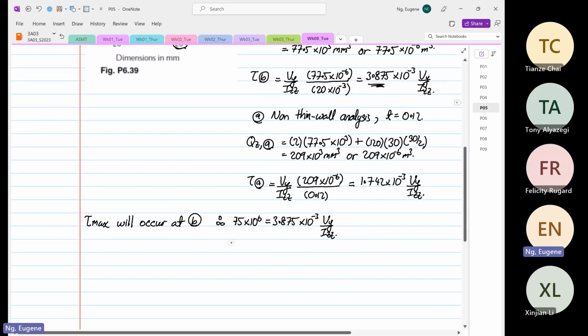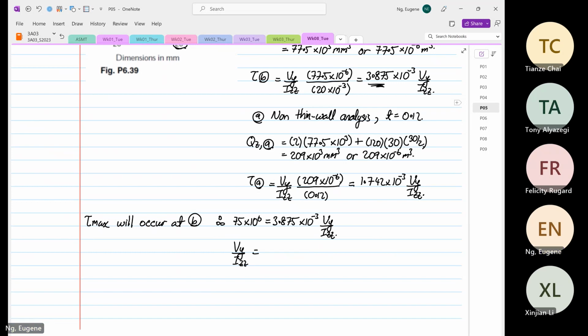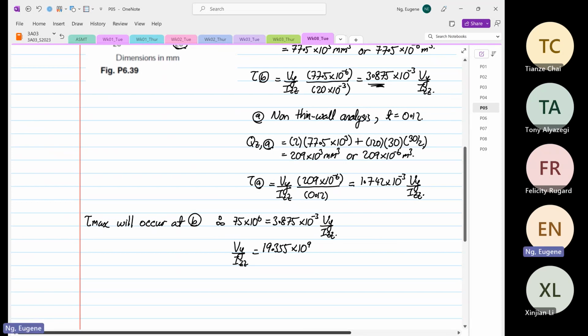So we can find that Vy over Izz will be equal to 75 power 6 divided by 3.875 power minus 3, which is equal to 19.355 times 10 to the power 9. Okay, let me do it again. 75 power 6 divided by 3.875 power minus 3. Yeah, 19.355. So this is in Newton per meter 4.